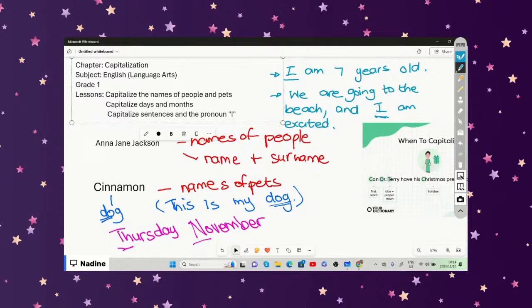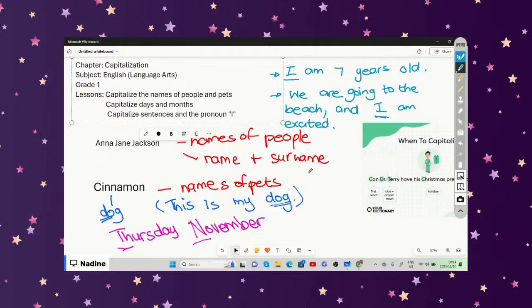So I, we will always capitalize, whether it's in the middle of the sentence, at the end of the sentence, or in the beginning of the sentence. The pronoun I, we always capitalize. So I is the pronoun.